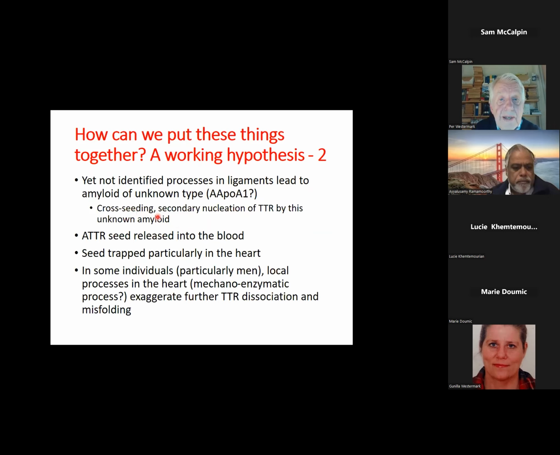And by cross-seeding or secondary nucleation of TTR, it may be that ATTR seeds are formed in the ligaments, released to the blood, and then delivered to different organs, for example, the heart. And in some individuals, particularly men, this gives rise to this severe heart disease in wild-type ATTR amyloidosis.